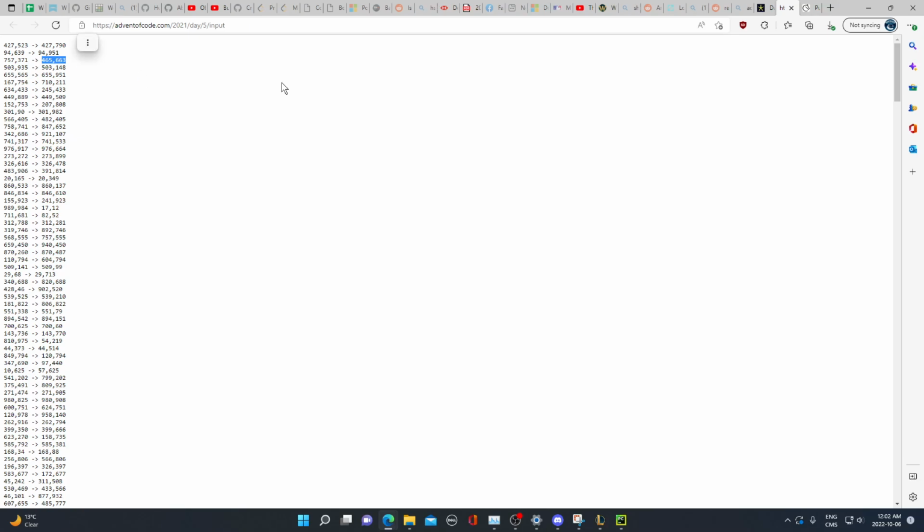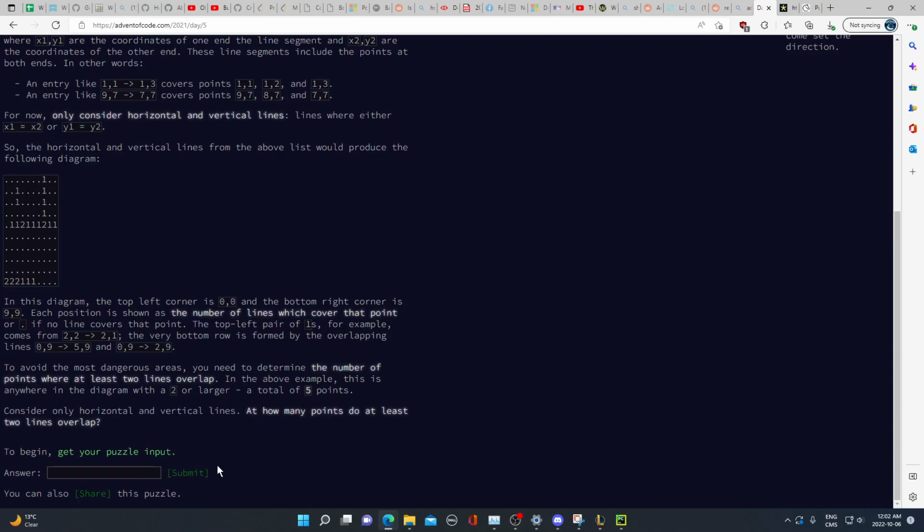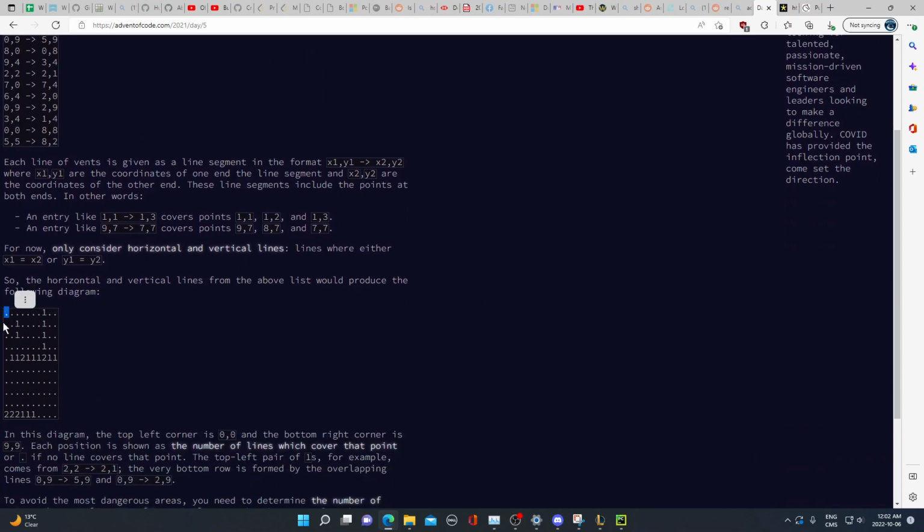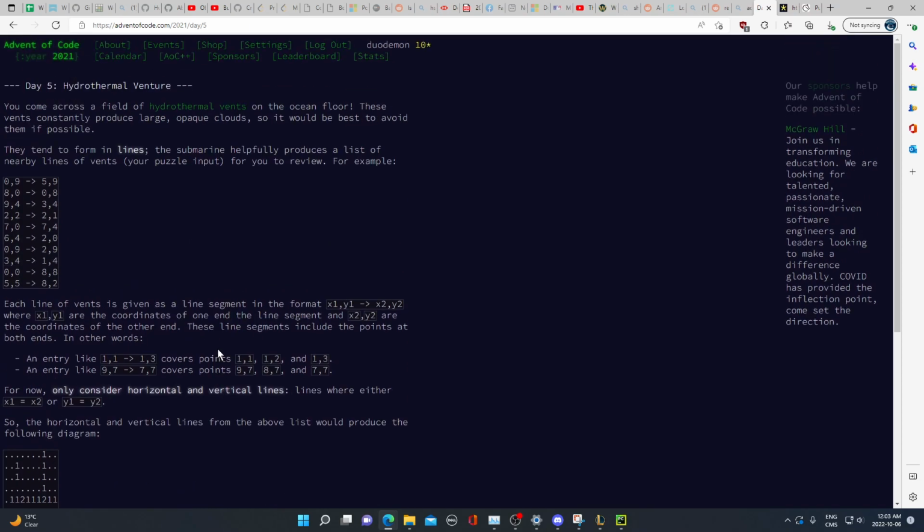Wait a minute, is this wrong, if it's only considering horizontal and vertical lines? Oh, no. This list even has diagonal lines. For example, this is 0,0 and it goes to 8,8 here. Then that'd be a diagonal line. Aha, so we have to filter them out.